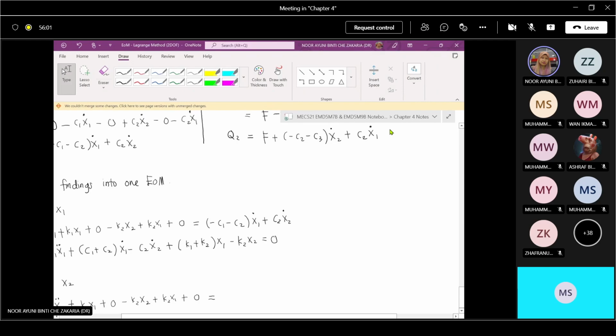So that is my Q2, F plus negative C2, negative C3, X2 dot plus C2, X1 dot.